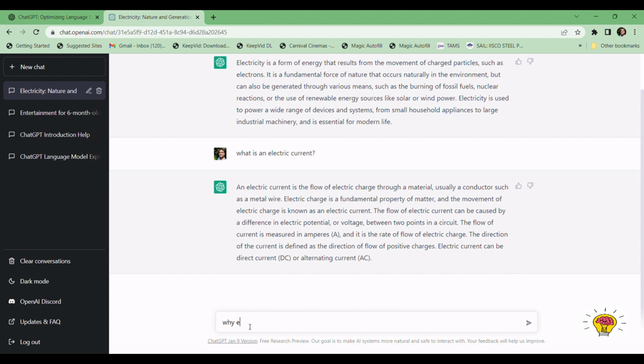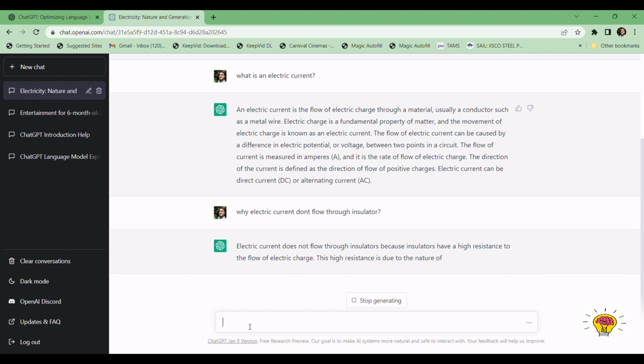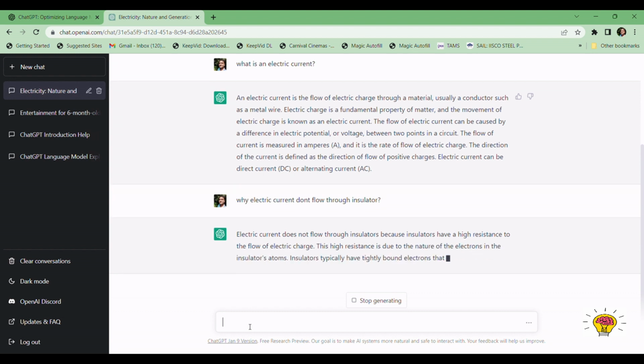Why does electric current not flow through an insulator? Electric current does not flow through the insulator because insulators have a high resistance to the flow of electric charge.